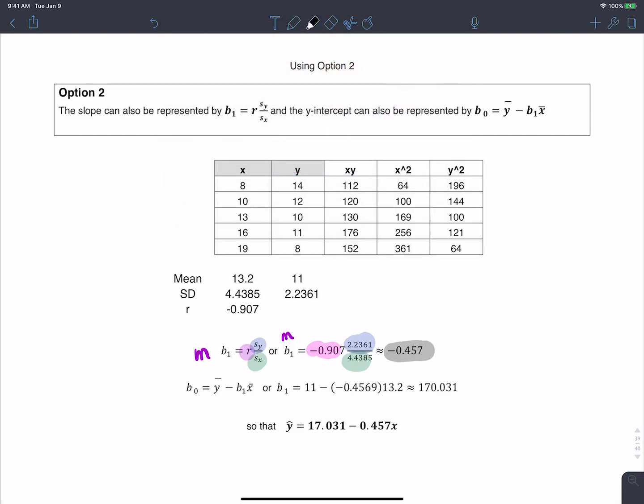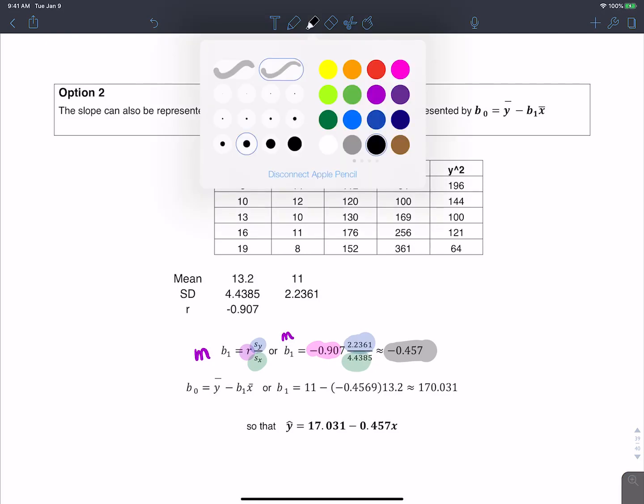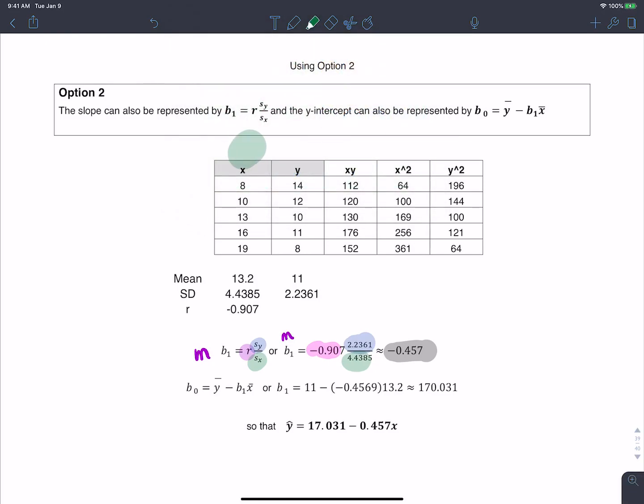So some people prefer this. I think I do, especially if you use a table like this. Then you notice that what we really found, here's the X variable. Let's use the dark green. So for the X variable, here's my SX, standard deviation for the X variable.